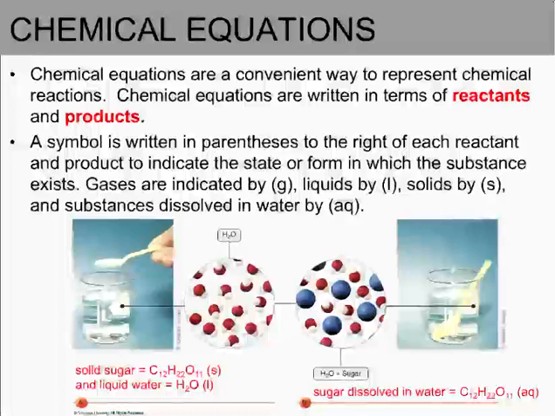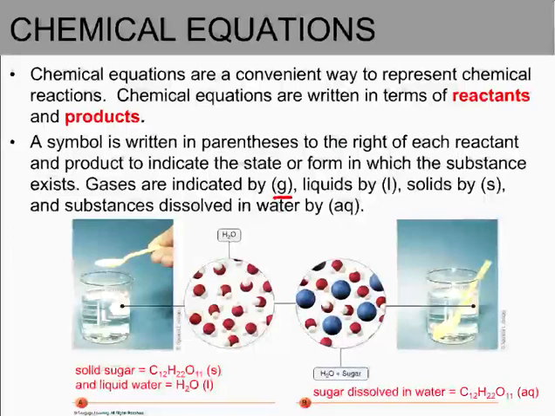A symbol is written in parentheses to the right of each reactant and product to indicate the state or form in which the substance exists. So let's say you have a gas in your reaction. You're going to indicate that the molecule is a gas by putting a lowercase g in parentheses next to it.